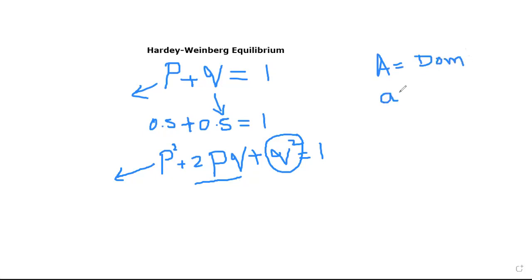And small a will resemble recessive. So for example, in one population of 20,000 individuals, one individual is albino. What is the percentage? One individual is albino out of 20,000, what will you do?